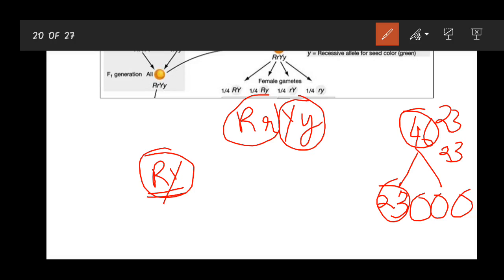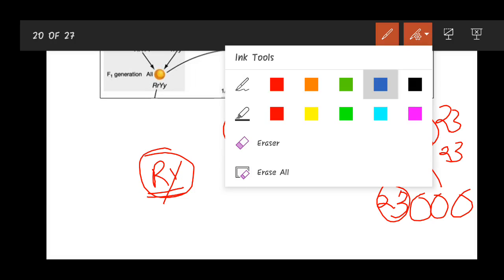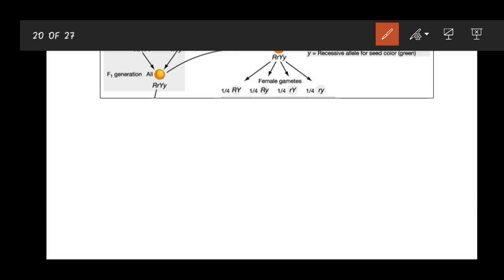So what Mendel thought was that you have discrete particles like this. We take it once more.